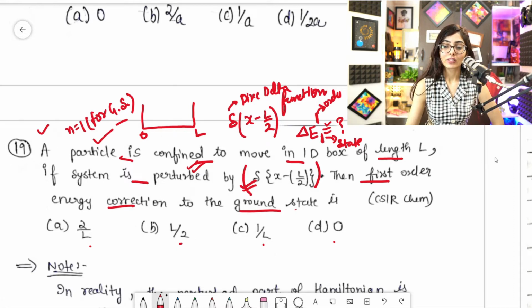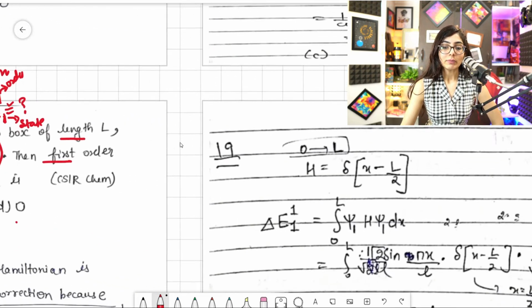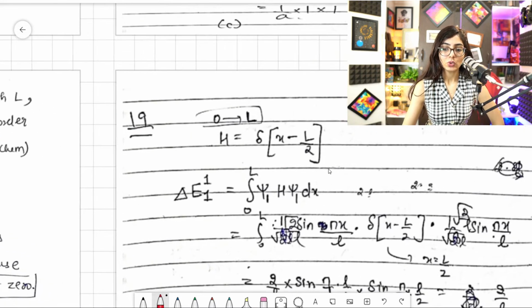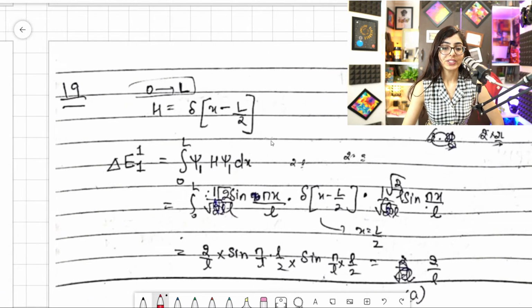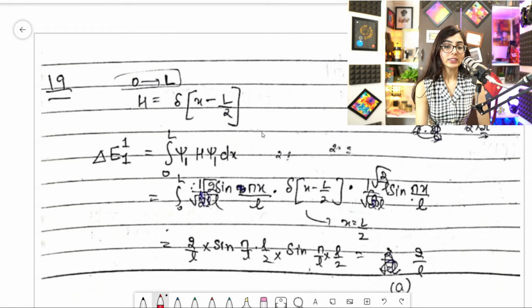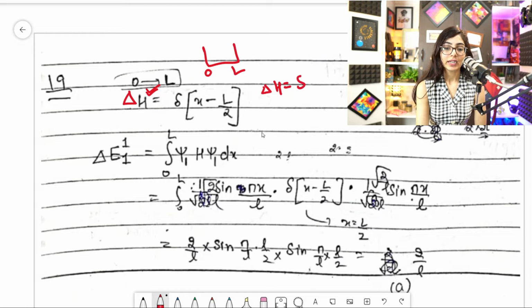So let's see, I have the solution with me. The question is a particle in a 1D box of length 0 to L, and the perturbation is given in this form, delta H equal to delta of x minus L by 2. We need to find the first order energy correction.